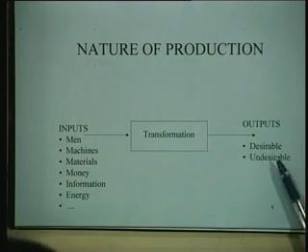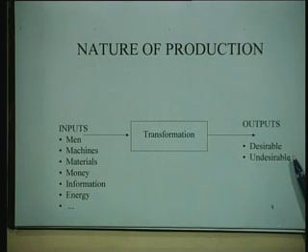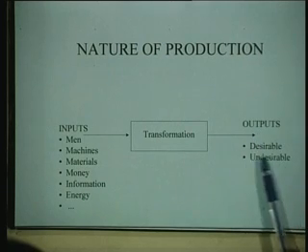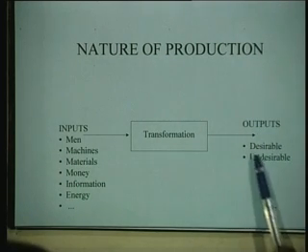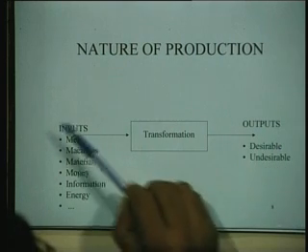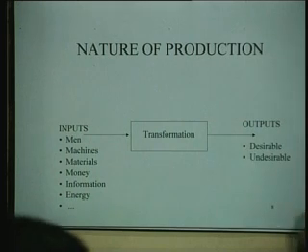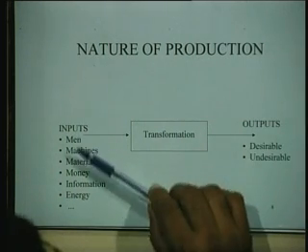There would, however, always be undesirable outputs from the system, like scrap, fumes, pollution, etc. You never wanted them, but they came because your technology was such, your raw materials were maybe defective or whatever it was, and things like that. So really speaking, in this context, we have to see that the objective of the whole exercise is to maximize the production of desirable goods by utilizing these inputs in some particular manner, and that's exactly what we are trying to do.